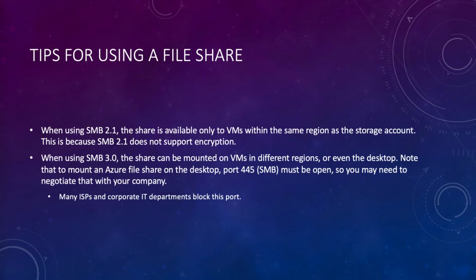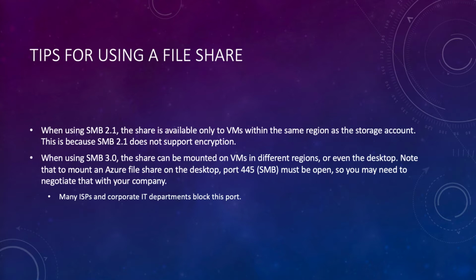When your information travels between two different regions within the Microsoft Azure infrastructure, it has to be encrypted or it cannot leave the region. That's one of the mandatory requirements of Microsoft Azure transfer. It is transparent to the user, and you don't need to care about it, but you need to understand that using SMB 2.1, you cannot have these two within two different regions, because then the information cannot transfer.